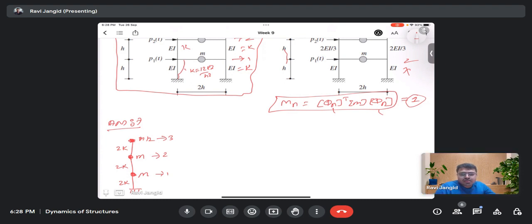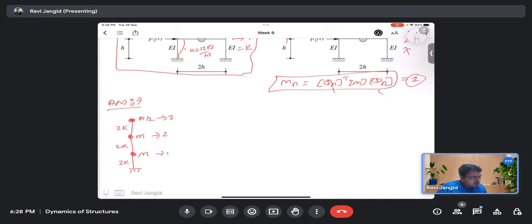As you know that method, if you apply a load here, that will deflect like this. So how much force it would be? Okay, 2K.